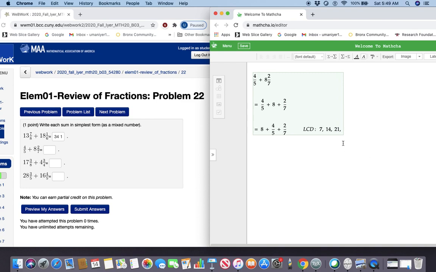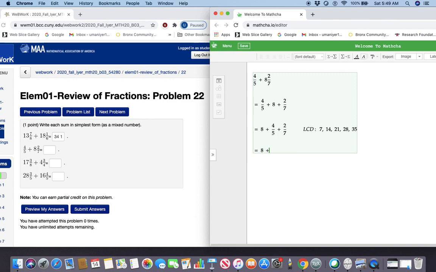No. 7 times 4, 28. Does 5 divide 28 evenly? No. 7 times 5, 35. Does 5 divide 35 evenly? Yes. Does 7 divide 35 evenly? Yes. So make sure all the denominators divide, and that's when you stop. Your common denominator is 35.